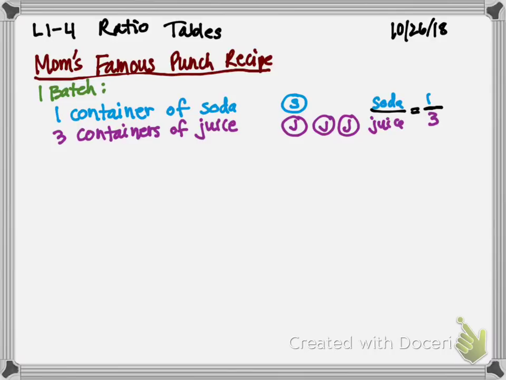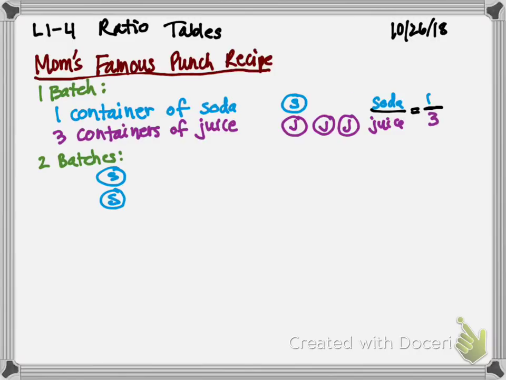Okay? So let's see what happens when we have some family come to visit us. So we have my niece and her husband and their 5 kids. So we're going to make 2 batches of the Mom's Famous Punch Recipe. So that means we're going to end up getting 2 containers of soda. We have 2 sodas.